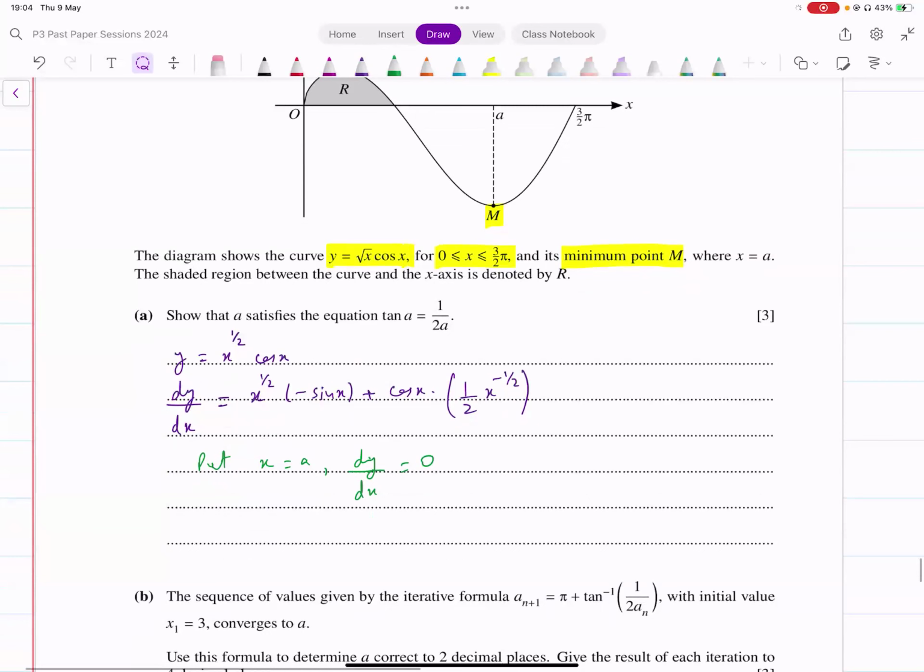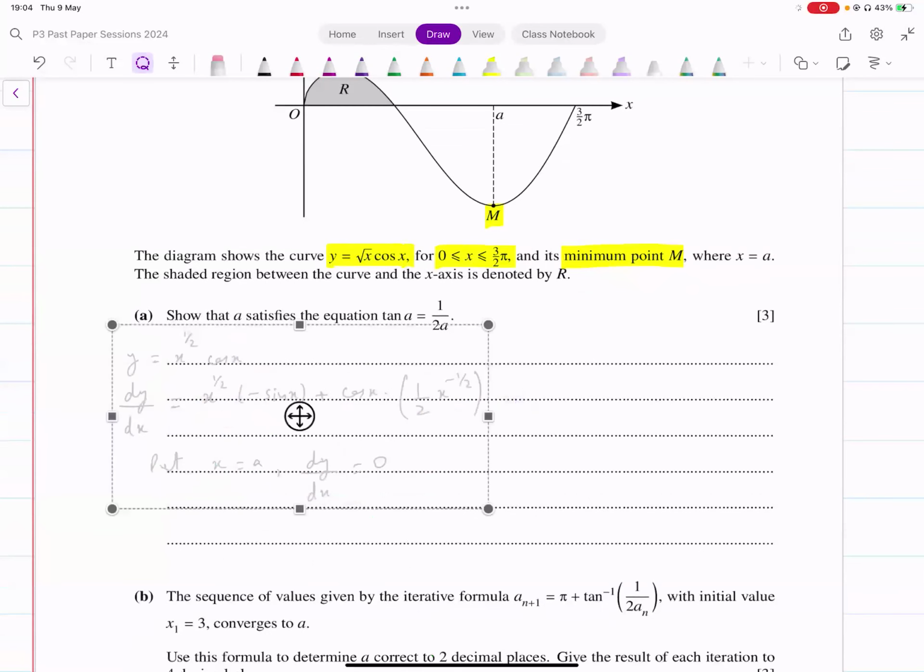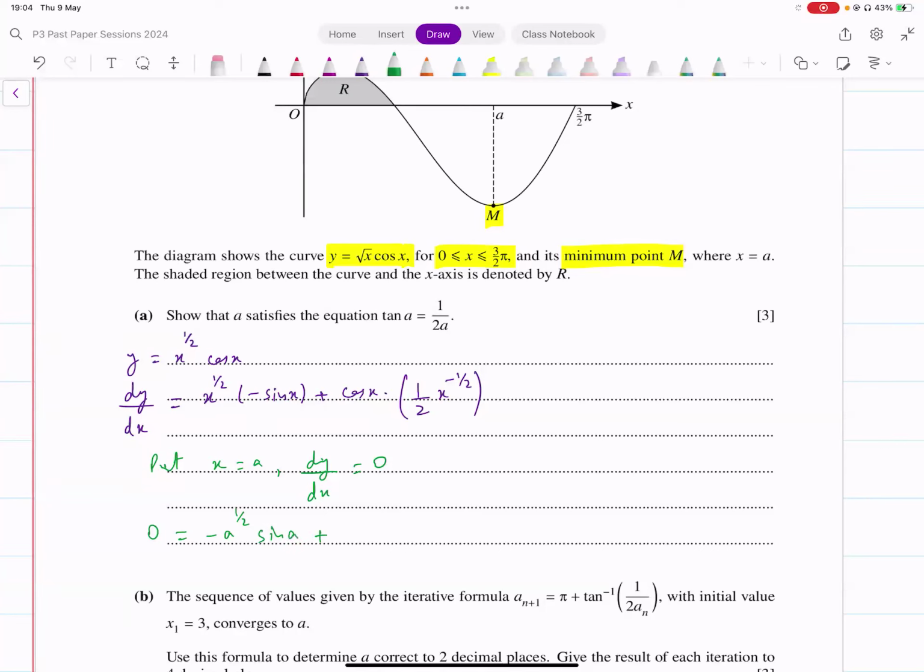I'm not sure why they've given such little space for this. Okay, so this is what we get. We say 0 equals minus x raised to the power 1 over 2 into sine of x plus, or in fact, in place of x, we've already input a, so it becomes minus a raised to the power 1 over 2 into sine of a plus 1 over 2.